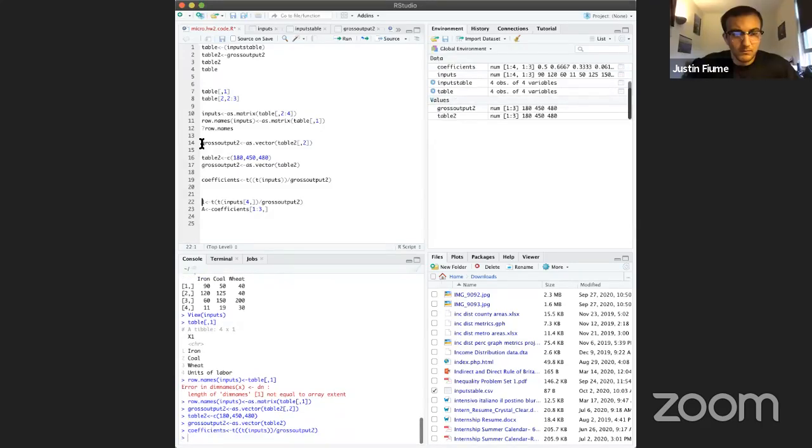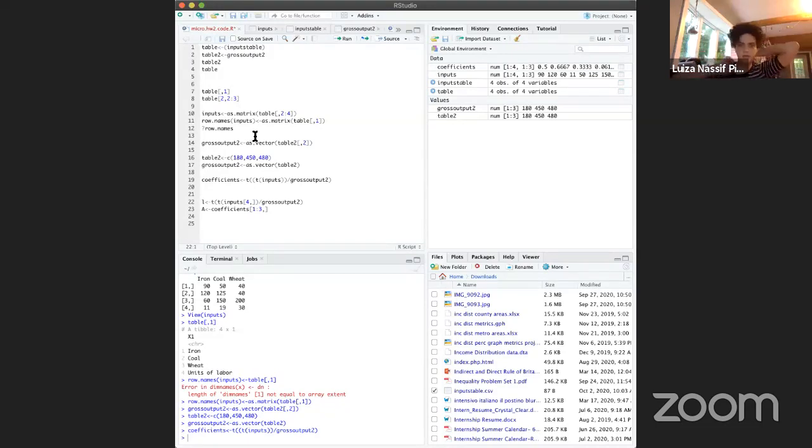Now, let's hope. Okay. So basically what was happening is when we were saying as matrix all the way up there on line 1 of inputs table, because some of it was text, it was coercing everything to be text.